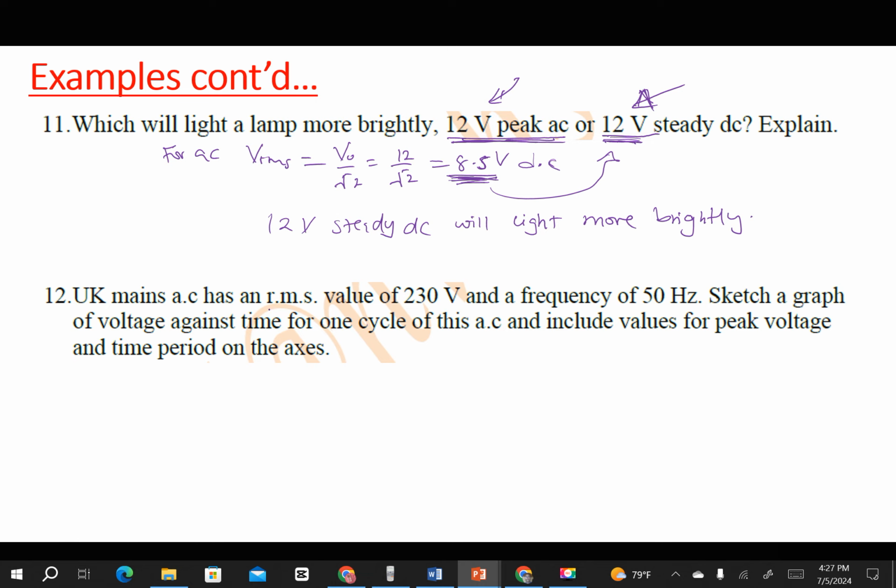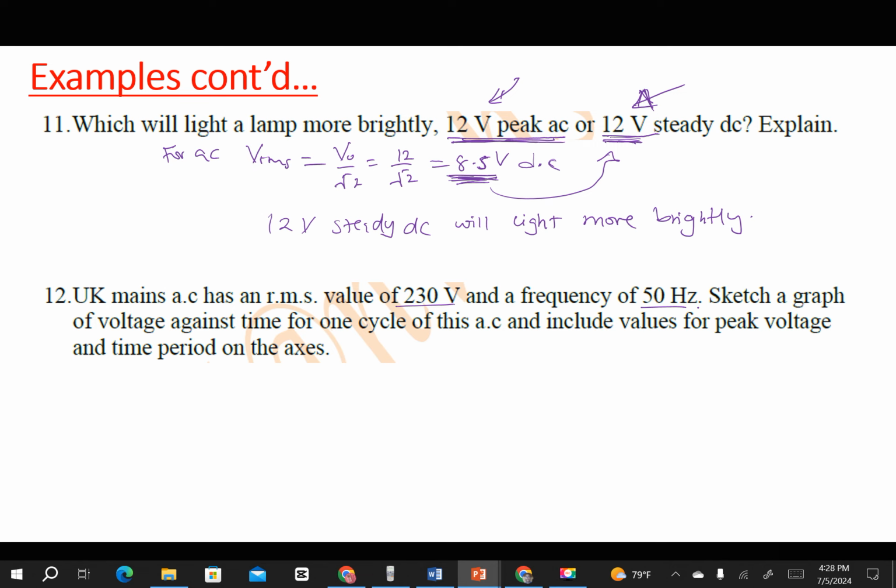UK mains AC has an RMS value, that is root mean square value, of 230 volts and a frequency of 50 hertz. Sketch a graph of voltage against time for one cycle. To sketch this, we have to first of all find the period.